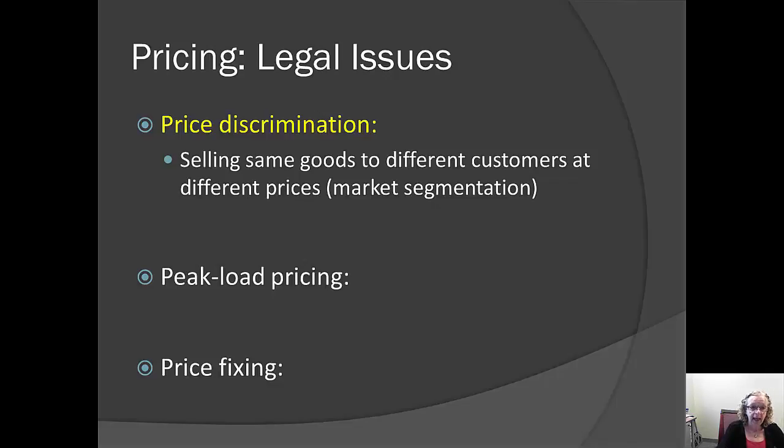For example, a well-known women's clothing catalog was sued several years ago when it was discovered that the company was selling the exact same goods to customers at significantly different prices. Not surprisingly, the firm was charging very high prices in highly populated cities in California, in Chicago, in New York, and lower prices in other areas.